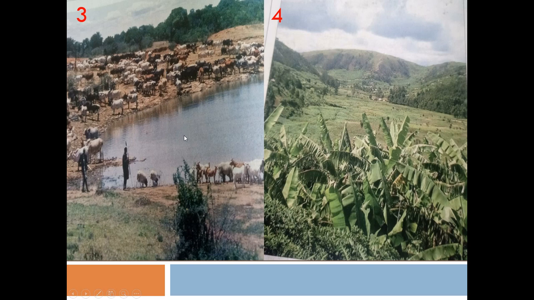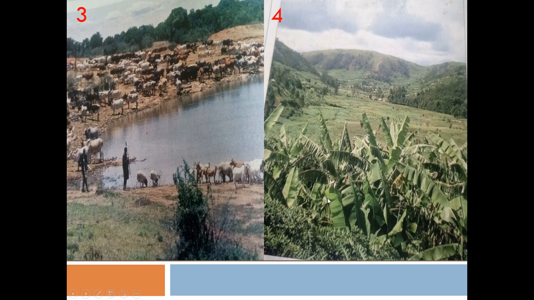So the presence of the water body and the grass has attracted or has encouraged livestock rearing. Then in photograph 4, because of the relatively flat landscape in the valleys in this area, settlements have been constructed, you can see.